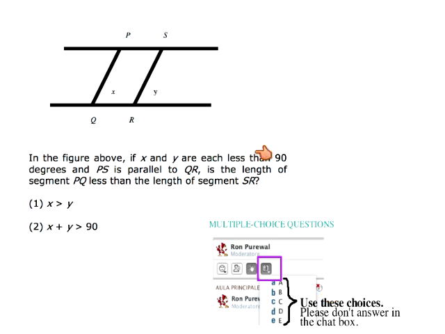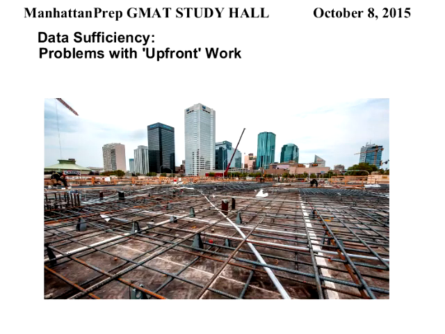Okay, let's take a look. So the theme is this. Thank you. Again, you've got to take a multiple choice, guys, so this test doesn't let you not do it. The theme is problems with upfront work.